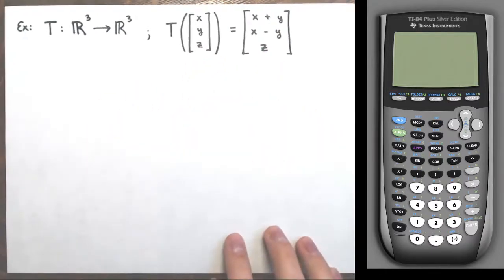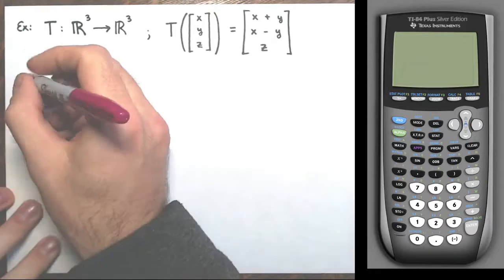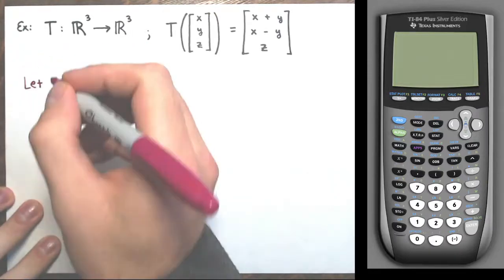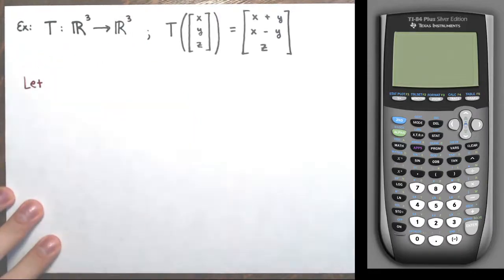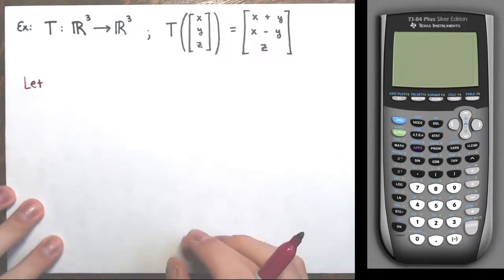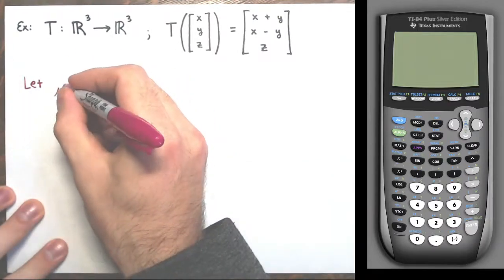And same question, is this a linear operator or a linear transformation? All right, so start off with, again, I'm going to pick 2 generic vectors and a general scalar. I'll call them again u and v.